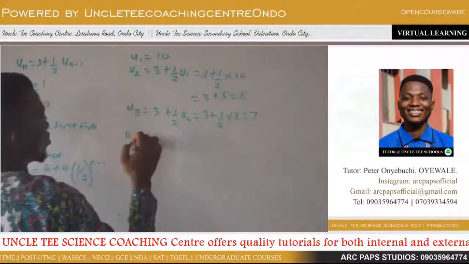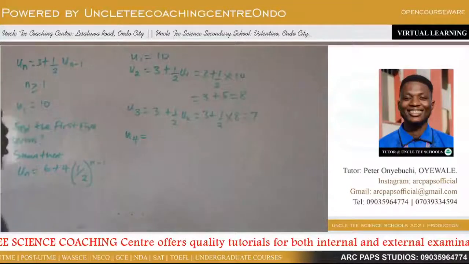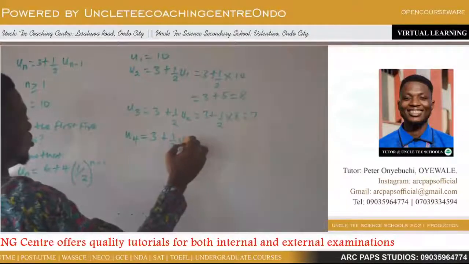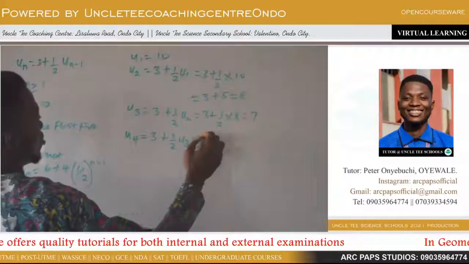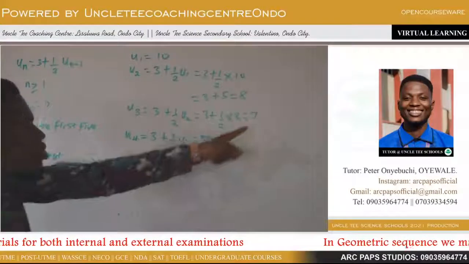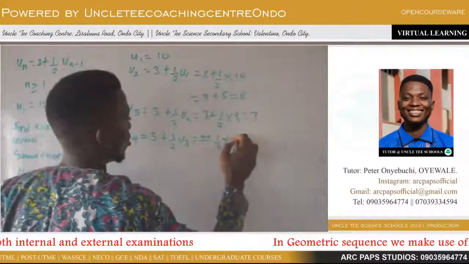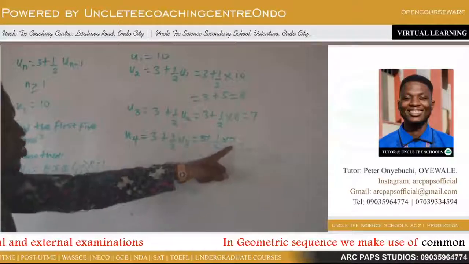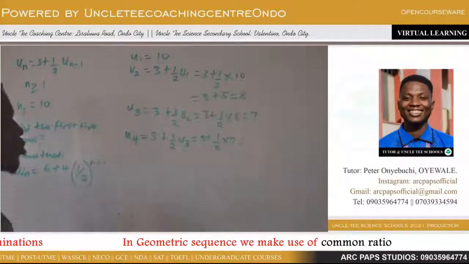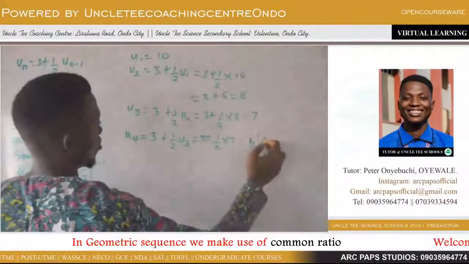Now for our u4, it will give us 3 plus 1 over 2 times u3, which is 3 plus 1 over 2 times 7. Half of 7 is 3.5. 3.5 plus 3 is 6.5, which is 6 and 1 over 2.